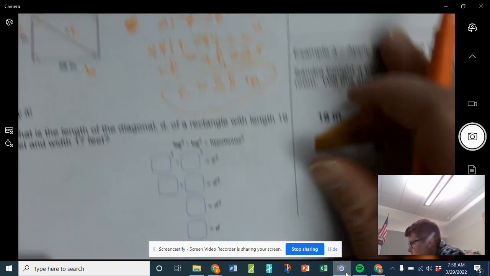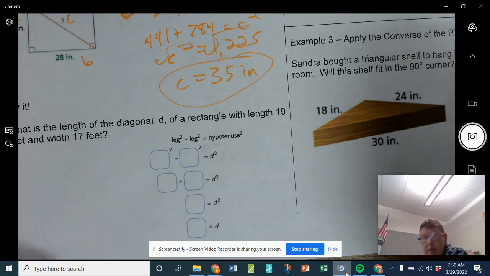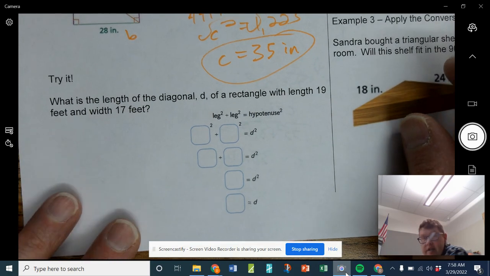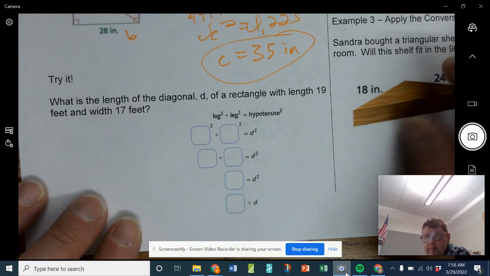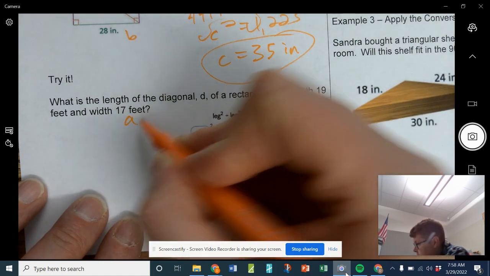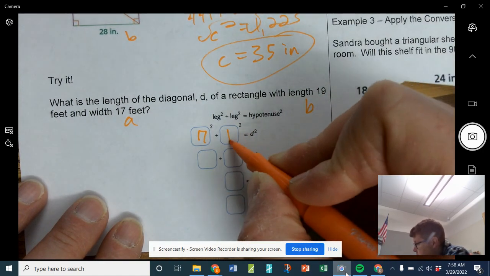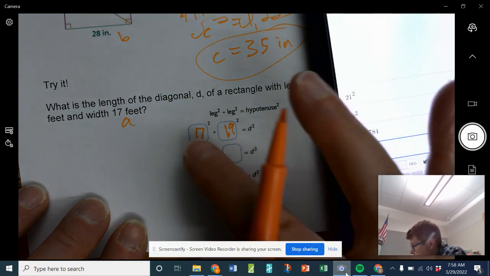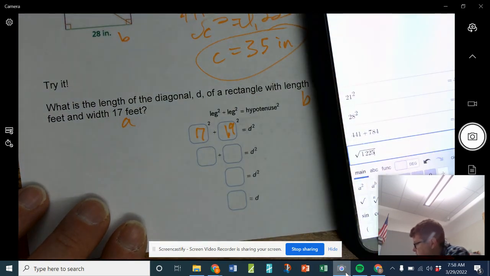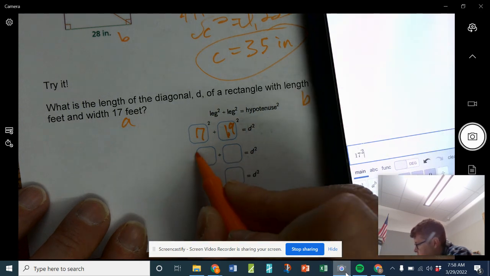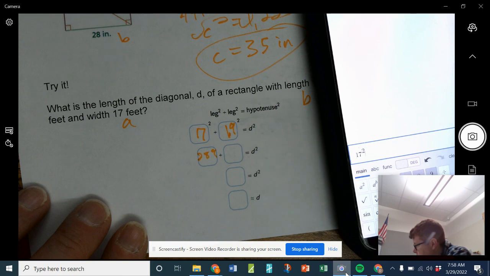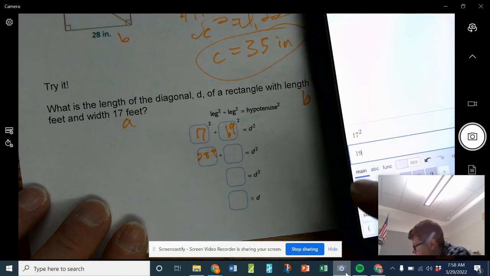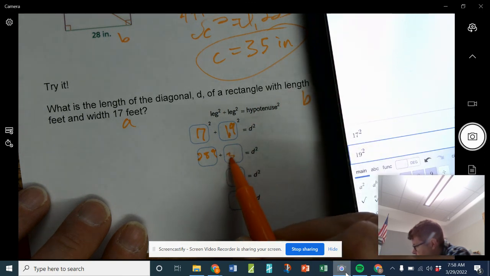So what is the length of the diagonal d of a rectangle with length 19 feet and width 17 feet? So 17 is the shorter one, so I'll put that as our A. That's our B, so I'll put 19 right there. So that's a 17. Sorry, my handwriting is terrible this morning. Let's see, 17 squared is 289. 19 squared is 361.